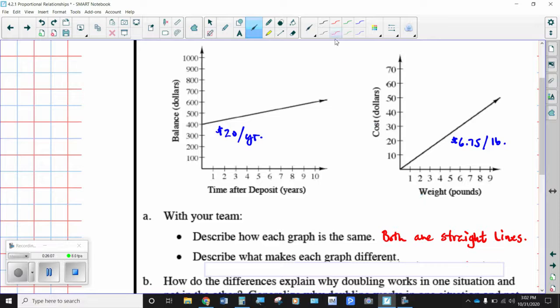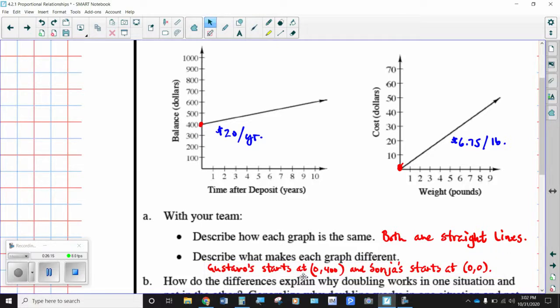And what is different about them? Well, where did this guy start and where did this guy start? Those are the key differences. Gustavo started at $400 and then grew every year after that. Sonia's starts at 0 because, once again, if you don't buy any birdseed, no pounds, then you don't spend any money.